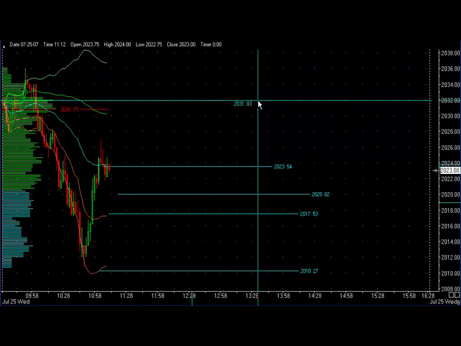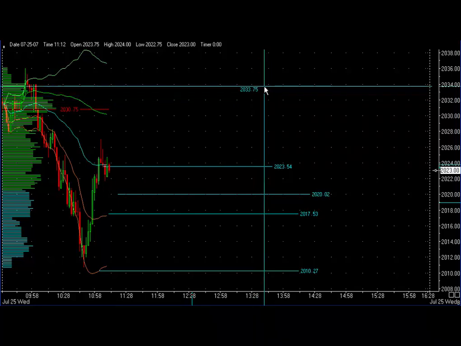You can also consider the opening price as a HUP, a hold-up price, as well as the previous day's close, as well as yesterday's high and yesterday's low as hold-up prices. These are all points where the market will pause and maybe reverse, and you should put those on your chart.